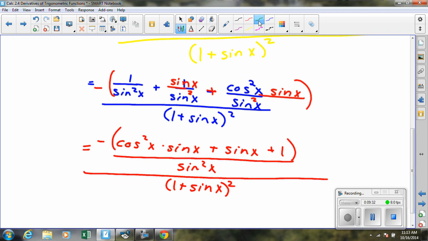You may recall, if we have something of the form a over b all over c, this could actually be rewritten as just a single fraction.